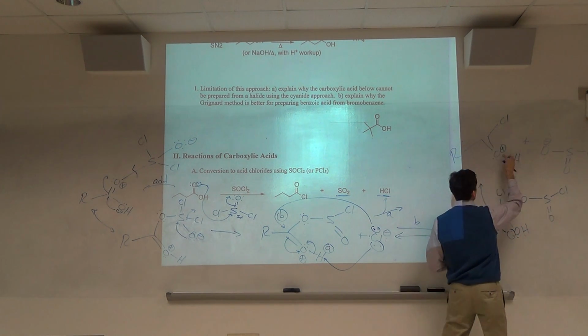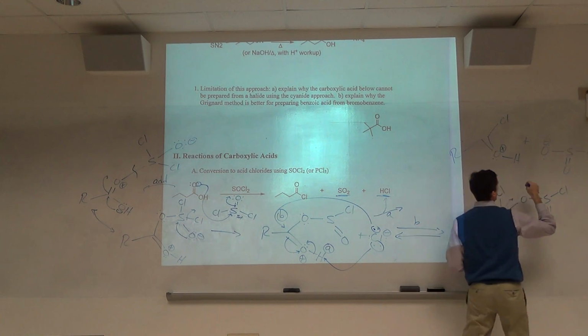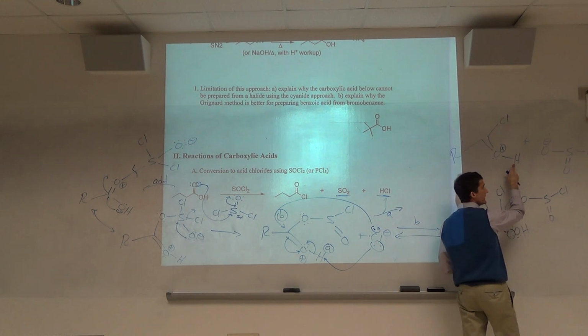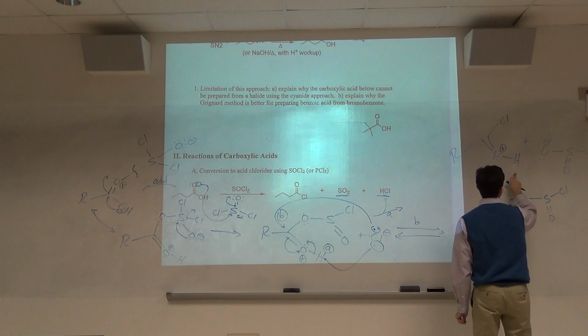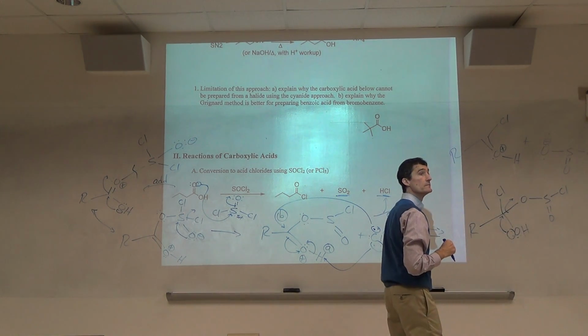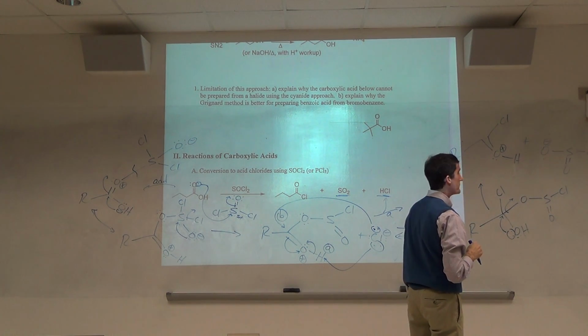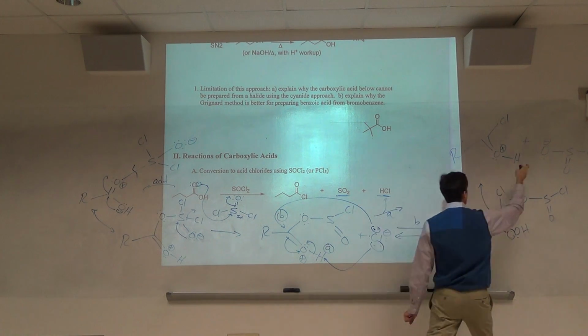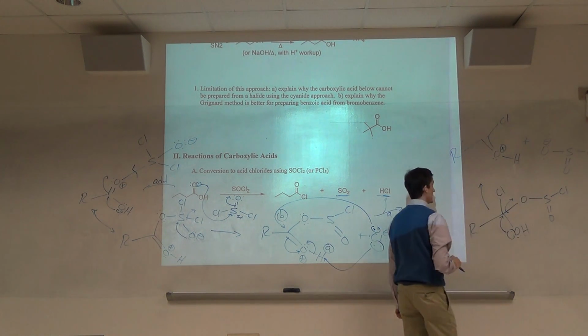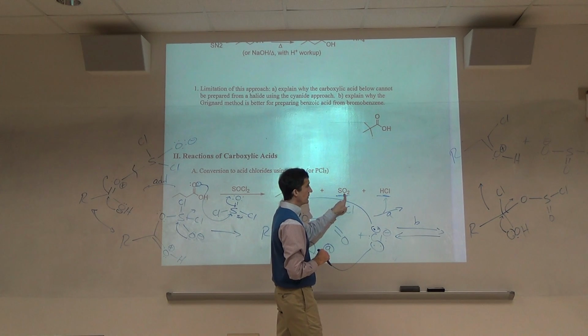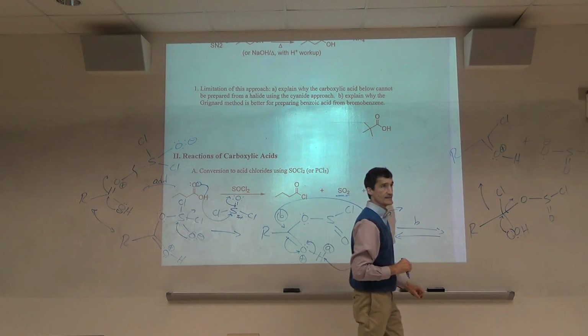What do we need to do to get this to be final product? Something needs to take the H. What's going to take the H? I could have this take the H and we might think we'd be done. But we've got to make SO2, plus ultimately HCl.